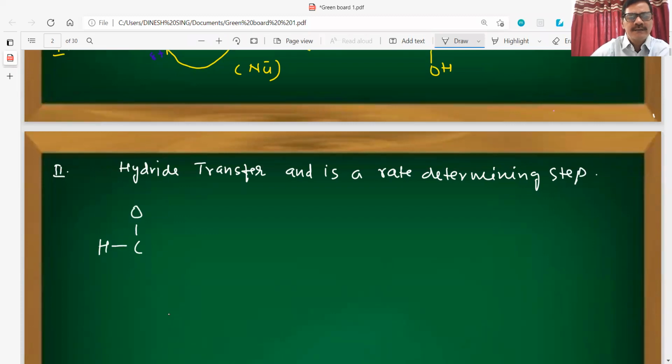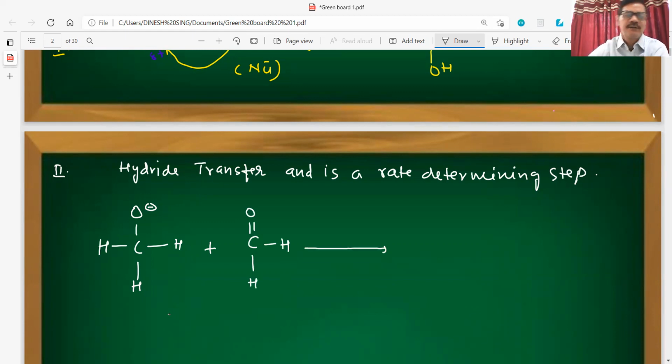So we can see HCO minus with H plus this is another molecule of aldehyde. Same thing here. This is carrying partial negative charge, partial positive charge. So here this is an electron releasing group, O minus. So this hydride is transferring to this carbon as a nucleophile.